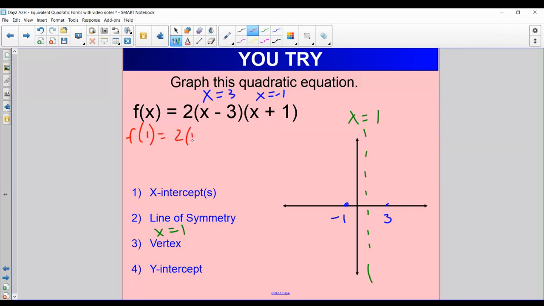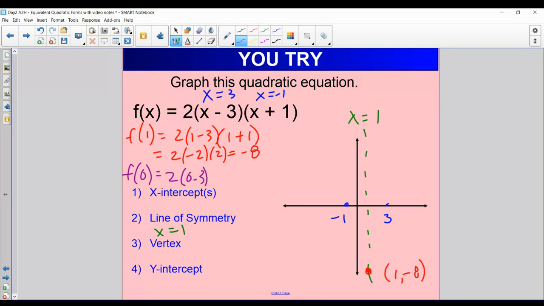So I have 2 times 1 minus 3, 1 plus 1. That gives me -8. So I go down here. I have this point at 1, -8. If I want the y-intercept, I'm going to plug in x as 0 and get 2 times 0 minus 3, 0 plus 1.